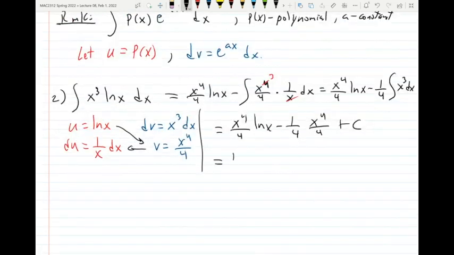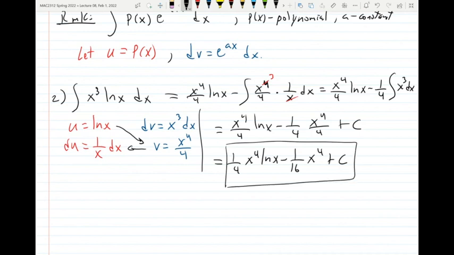So we get 1 over 4 x to the 4 ln x minus 1 over 16 x to the 4 plus c. All right, questions?